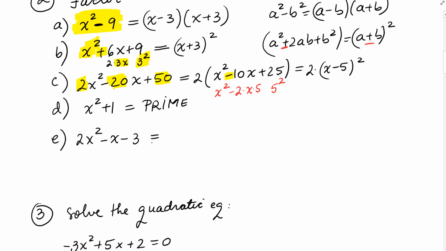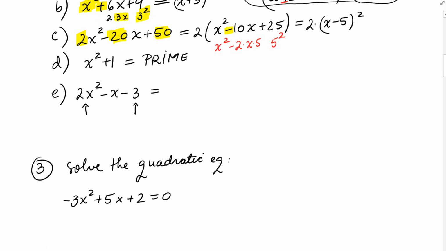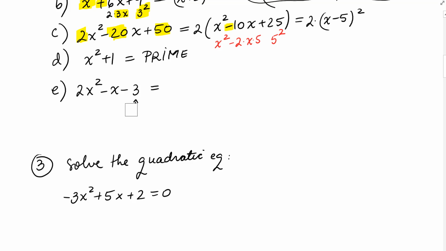Now, when we have this type of problem, where this is not a perfect square, so any of these two formulas that we wrote here do not apply. Then what do we do? Well, we try to factor it using this rule. We are looking for two numbers that have the sum -1. This -1 was actually the coefficient of x, so whatever it is, that would be the sum.